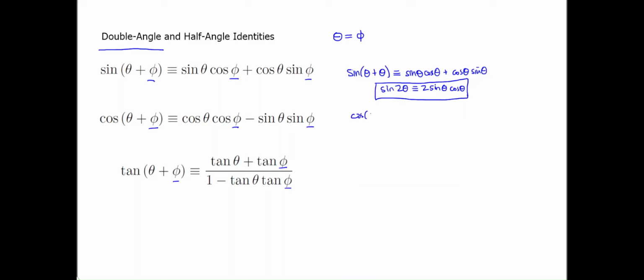Now the same can be said for cosine here. We have cosine theta plus theta identical to cosine theta cosine theta minus sine theta sine theta, or you can probably see here without a lot of trouble, cosine 2 theta will then be identical to cosine squared theta minus sine squared theta.